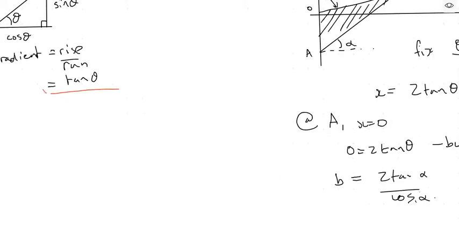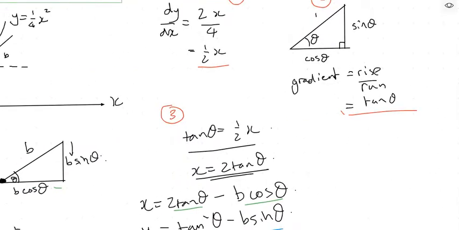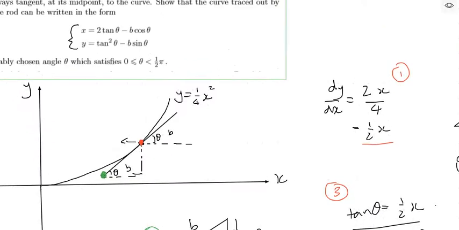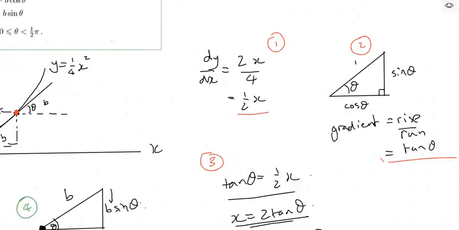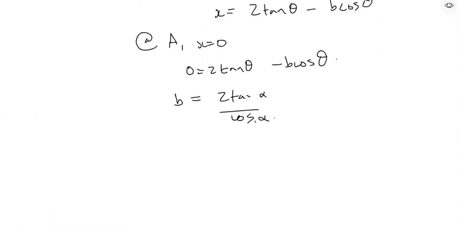Right, what do we need next? We need the y value. So y was equal to, I think it was tan squared alpha in this case, because we know what theta is, minus b sine alpha.